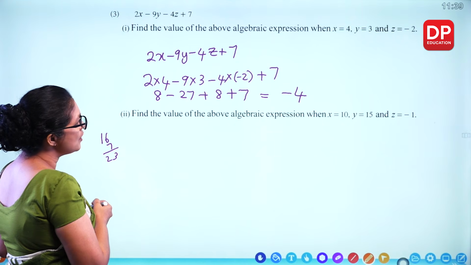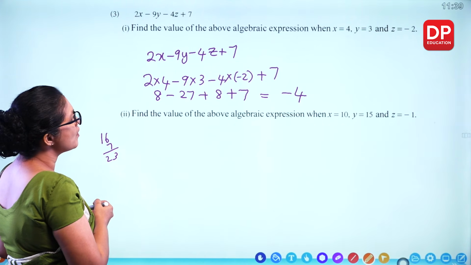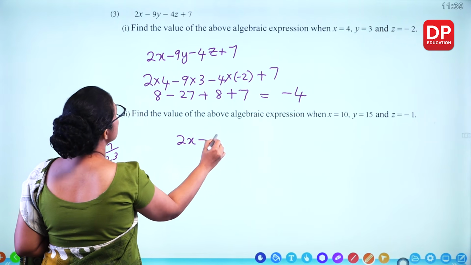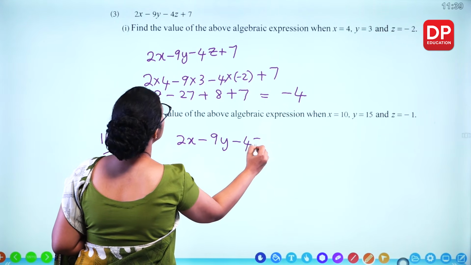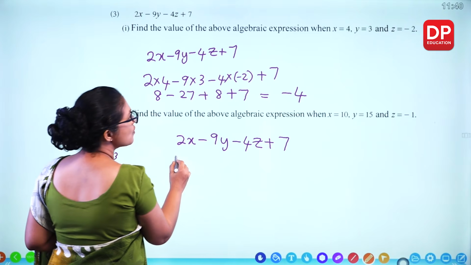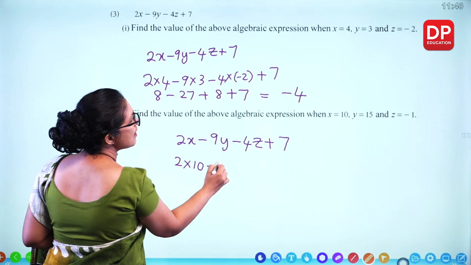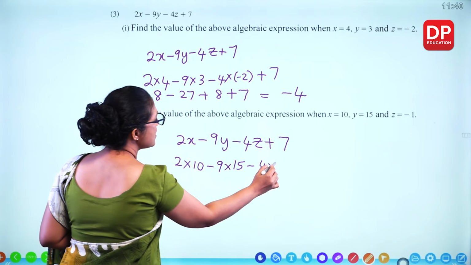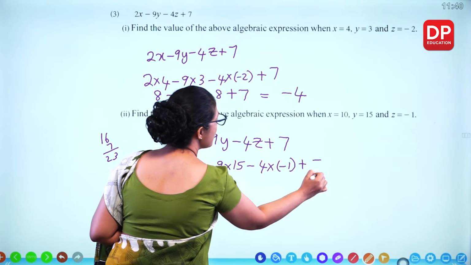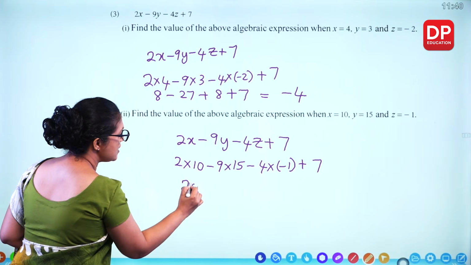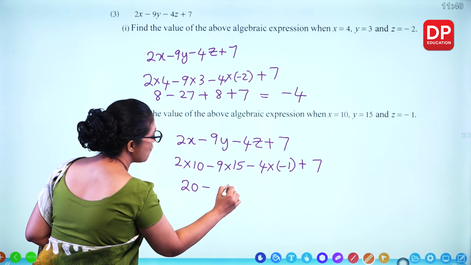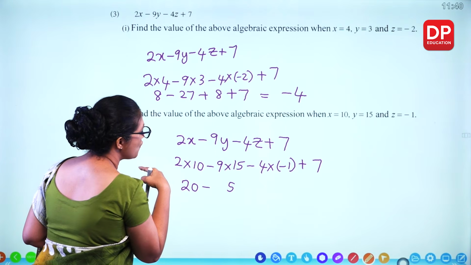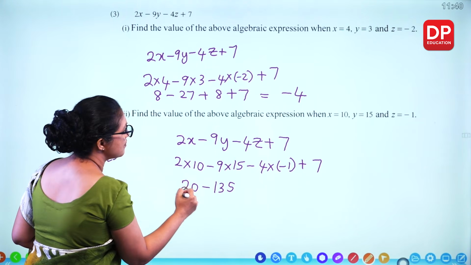Find the value of the above algebraic expression when x equals 10, y equals 15 and z equals minus 1. So substitute now. 2x minus 9y minus 4z plus 7. 2 times 10. 9 times 15. 4 times minus 1 and plus 7 there. 20 minus 9 times 5, 45, 4 remaining. 9 times 15, 135.